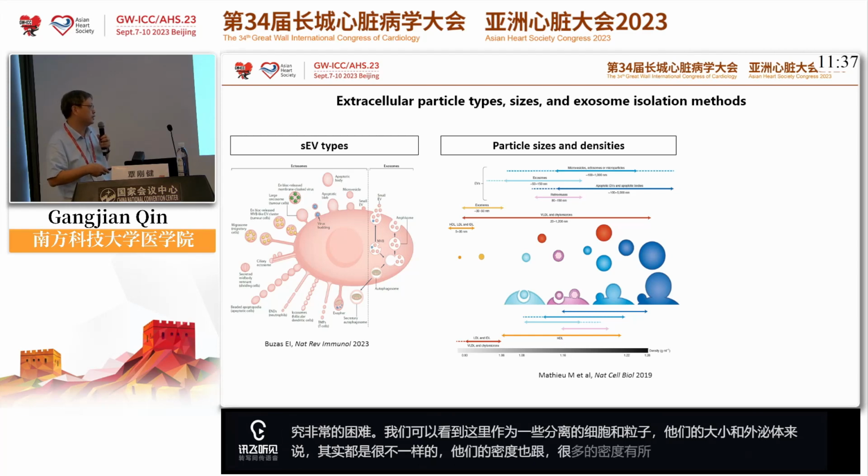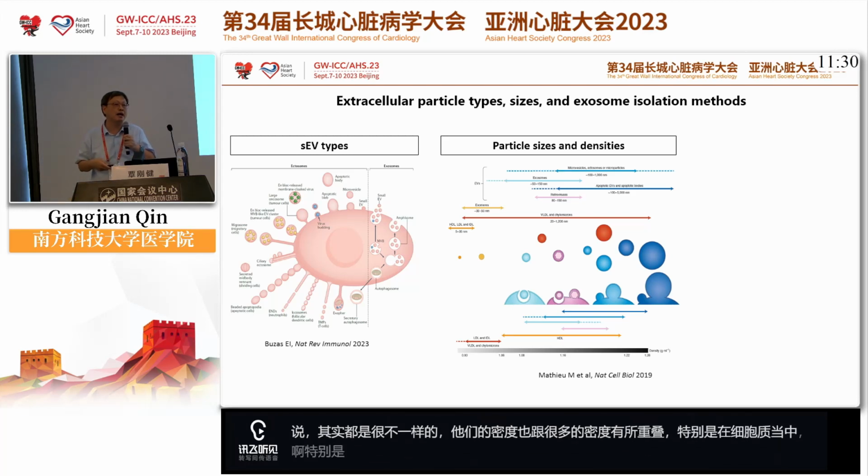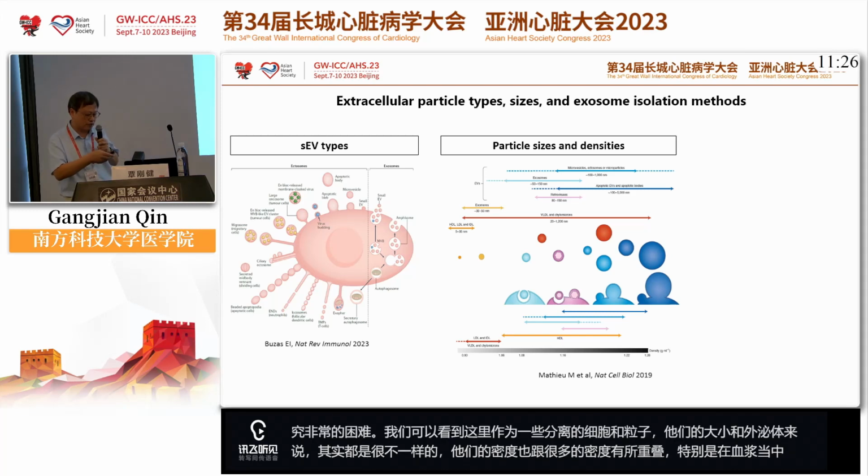Especially in the plasma, the other types of particles may be 10,000 times more abundant than the exosomes. So this raises a lot of challenges for us to study in this field.